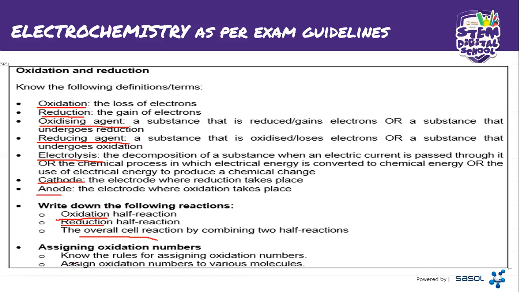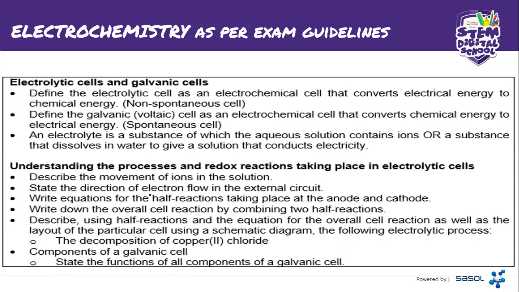And we must be able to assign the oxidation numbers and the rules that we apply in assigning oxidation numbers altogether. And most of the questions that we will do tomorrow as well, they will be questions that really help us in assigning oxidation numbers. So we'll definitely learn more tomorrow with regards to that.